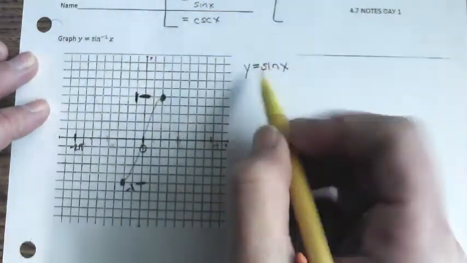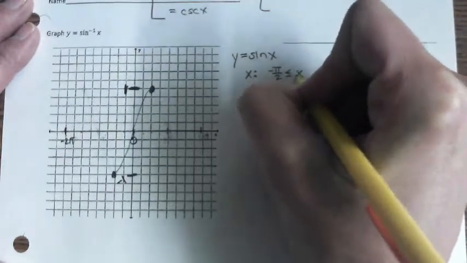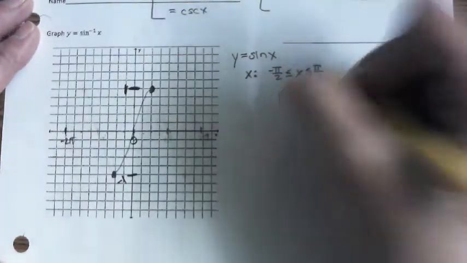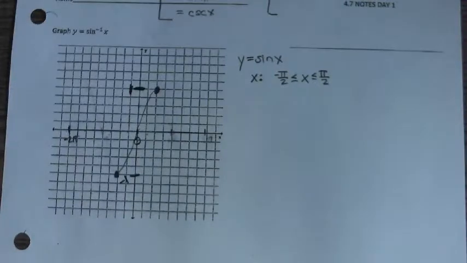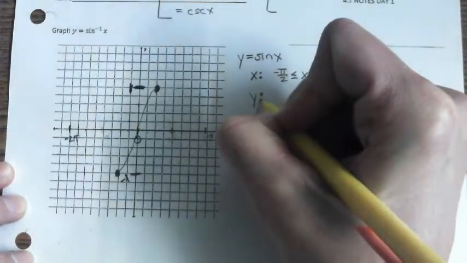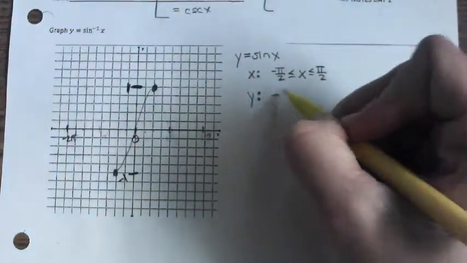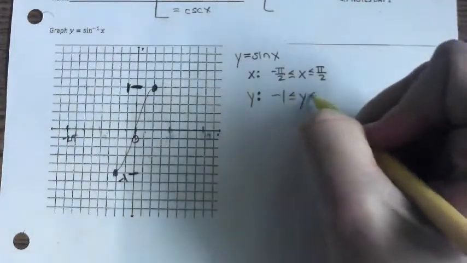Right, so when we look at the sine curve, we're going to only look at x coordinates that are between negative pi over 2 and pi over 2. And our y coordinates are between what and what? Negative 1 and 1.